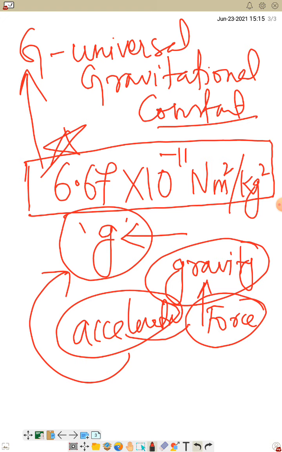That acceleration we call acceleration due to gravity, which is denoted by small letter g. What is it? Small letter g. Is that okay? Yes? Alright.